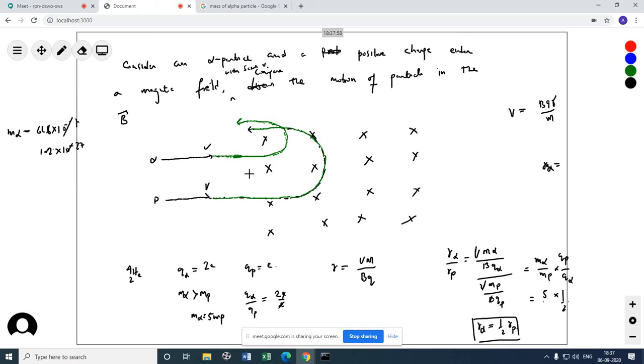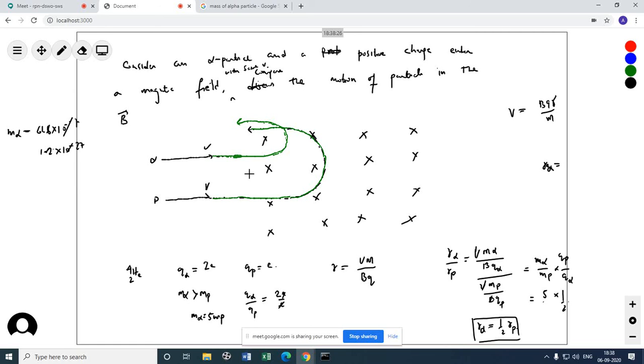Let's say one radius is double the other, then whose velocity is more? Compare it. Same charge particle, but what is different? Velocity. One is entering at high speed, and the other is entering at low speed. So which one is that? I leave it for you to determine.